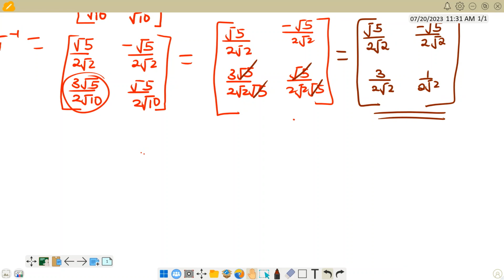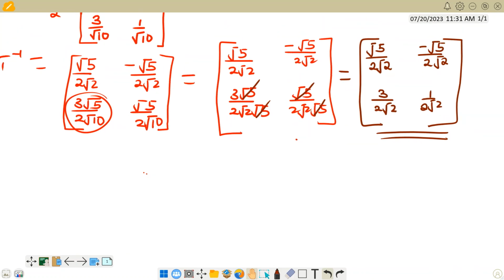Okay, but remember that to diagonalize we need the t inverse, but we also need this A multiplied by t. So now the next step, since we have the inverse, is to get A multiplied by t.